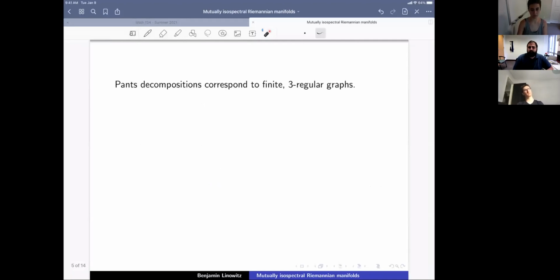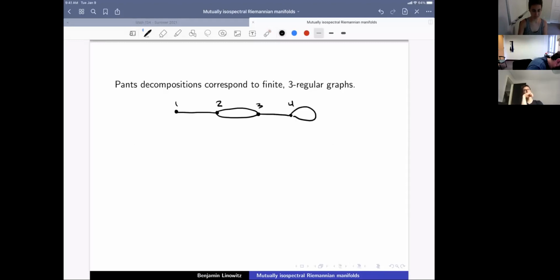It's a nice fact that pants decompositions correspond to finite graphs that are 3 regular. Here's the idea. Let's say I draw a quick 3 regular graph. Here's how you get a pants decomposition out of this. At each vertex, I draw a pair of pants.